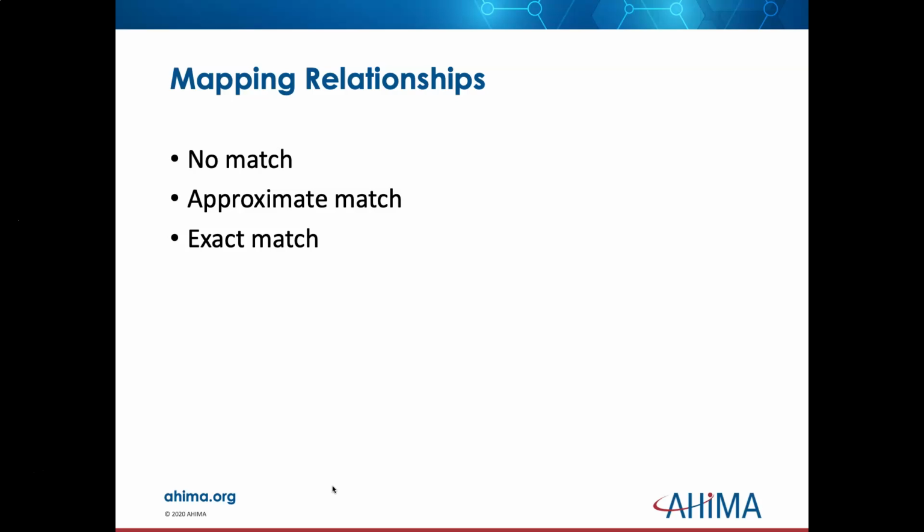If you don't have a match, you don't want to put those two together. You don't want to map it if it's not matching. If it's an approximate match, you may need to get some more information before you decide whether or not you're going to map that together. An exact match, you'll feel very confident about mapping it because you've got enough data to indicate it really is an exact match.